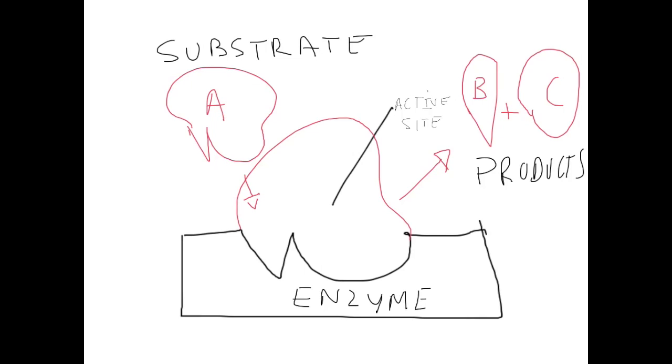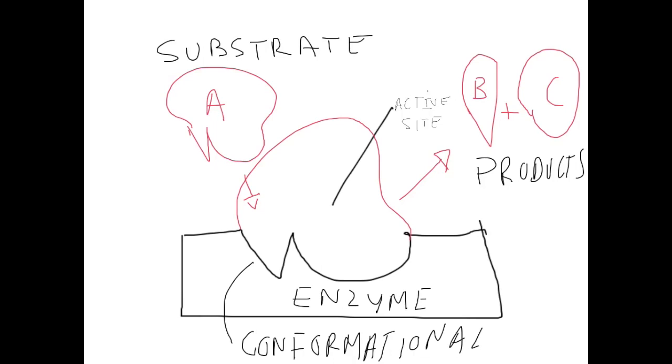Okay, so the induced fit model is once the substrate binds to the active site, so a specific substrate is complementary to the specific active site of our enzyme, once they bind, we get a conformational change.